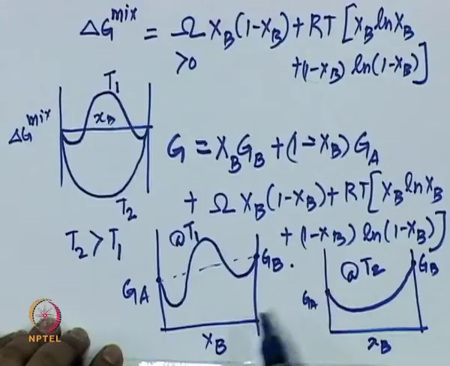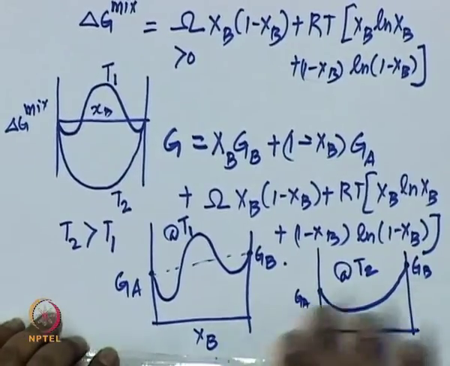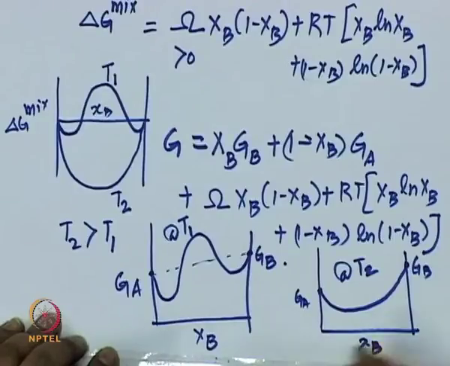Okay. What is the importance of these composition free energy diagrams? The composition free energy diagrams basically tell about these systems' behavior as a function of temperature. Okay. When we plot, for example, what are the phases that would exist in a system at every temperature, such diagrams are known as equilibrium diagrams or phase diagrams.